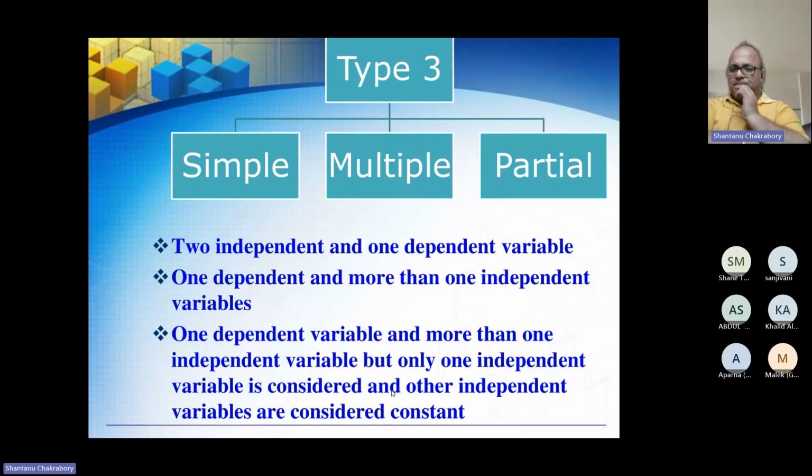We can have the multiple, that is one dependent and more than one independent variable. And then we can have a partial one: one dependent and more than one independent variable, but only one independent variable is considered and the other independent variables are considered to be constant. So these are the type 3 cases. So we have different type 1, type 2 and type 3.